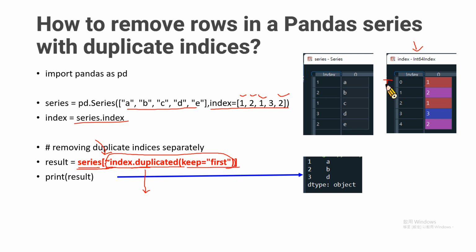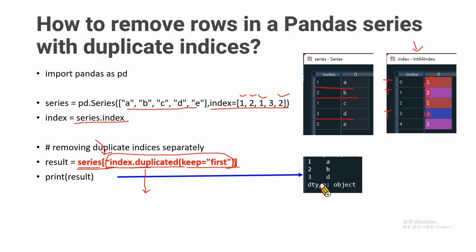So after this operation, the index will be marked as true. And also this index will be marked as true. And this is a non-duplicate index, so it will be marked true. And this is the index value. So it means that we will take out this value from the series, and we just re-index them.